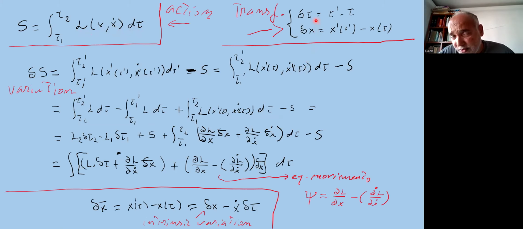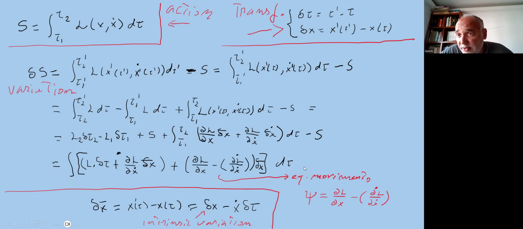And then you make small variations of the fields and of time. And then you go through this calculation. I don't think I should go through it again. In fact, I asked some students before, and they told me that they had learned this in their courses. So the thing is that you end up with this variation here, the variation of the action.